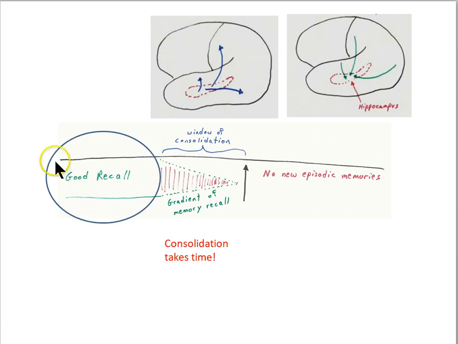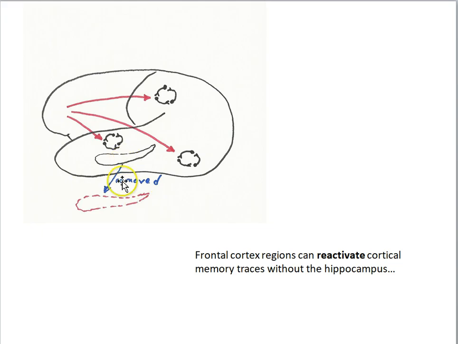It's now time to examine the other feature of HM's memory performance. He seemed to have good recall for events of his childhood. But this was controversial. But first, initially, when scientists saw, oh, he could remember events of his childhood, then an obvious inference presented itself. It seemed as if, even if the hippocampus were removed, other cortical systems, perhaps in the frontal cortex, could reactivate these long-term memories.